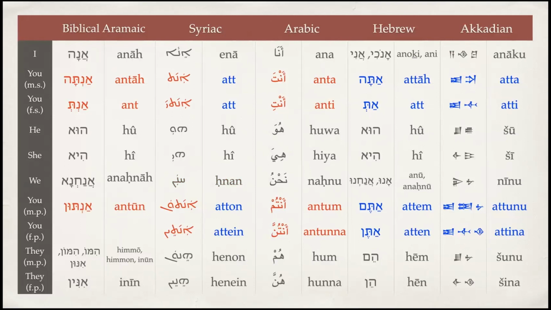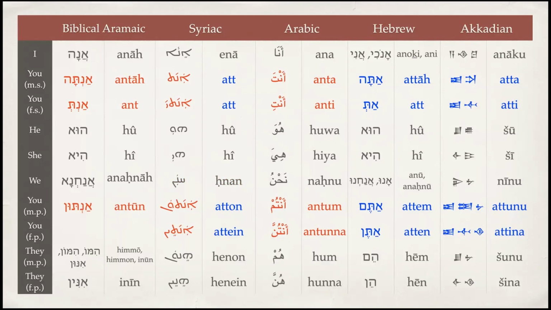And then you'll see when comparing Syriac, Hebrew, and Akkadian together, this nun assimilates to the tau that follows, or the tav, as is commonly pronounced in Hebrew, so that you have at or ata, at, ati, atun, atem, atunu, aten, atina. But there is one interesting thing about the Syriac.